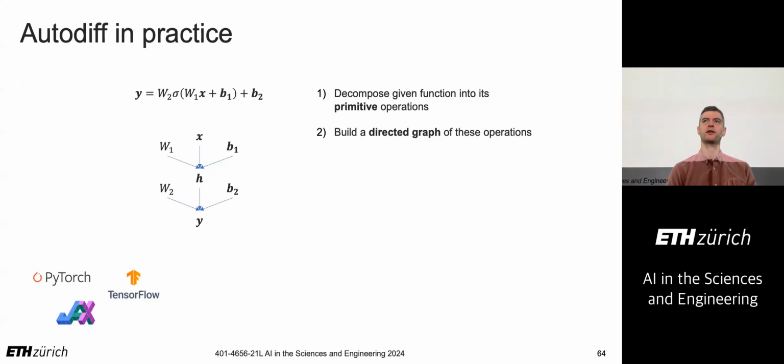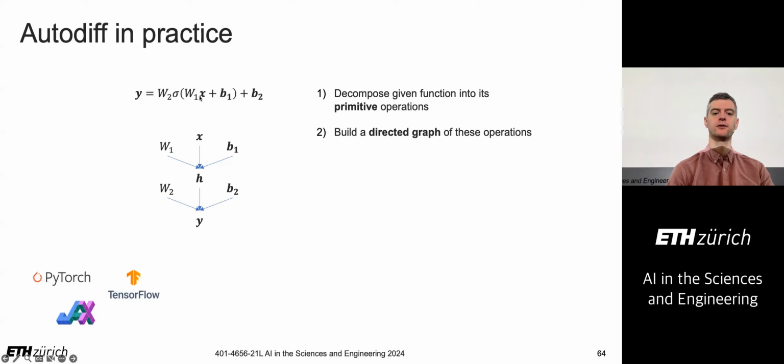So how does this work in practice? All we do when we're using Autodiff in practice is we write our forward function in Autodiff. So for example, y as a function of x here would just be a neural network forward function. And what we're doing when we're writing that function is defining all the primitive operations that are composed to create that function.